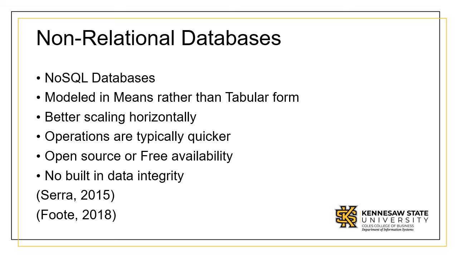Because tables do not need to be joined as they do in relational databases, operations will happen much faster in a non-relational database than they do in relational databases. Many non-relational databases are free or open source, and there are many available options. And finally, there is no built-in data integrity in non-relational databases as there is in relational databases.